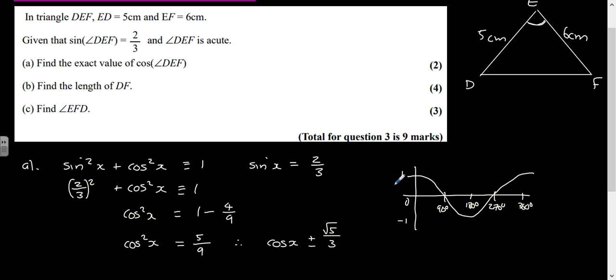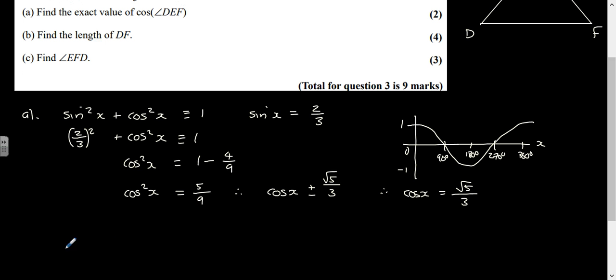And we can see that where we have an acute angle, i.e. between 0 and 90 on the x-axis here, cosine is always positive. The graph is always above the x-axis, all right? So for an acute angle, the graph is above the x-axis, so it's positive, and so therefore cos x is √5 over 3, the positive one.